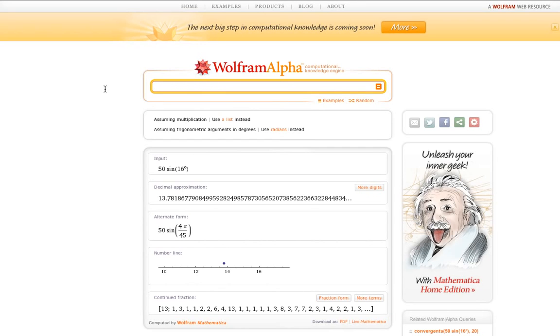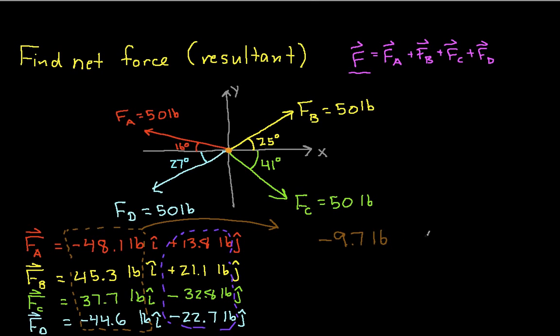So we have 13.8 plus 21.1 minus 32.8 minus 22.7. And that gives us negative 20.6 pounds. So we have minus 20.6 pounds.